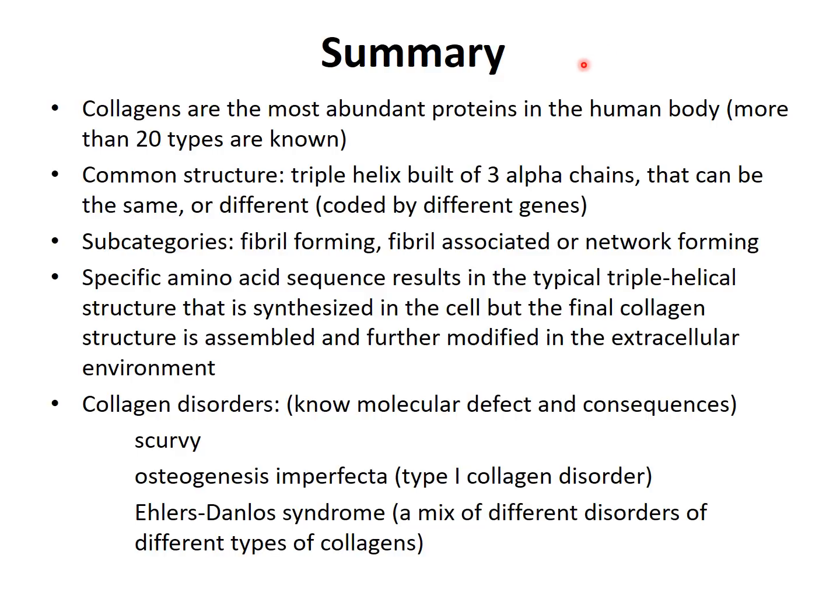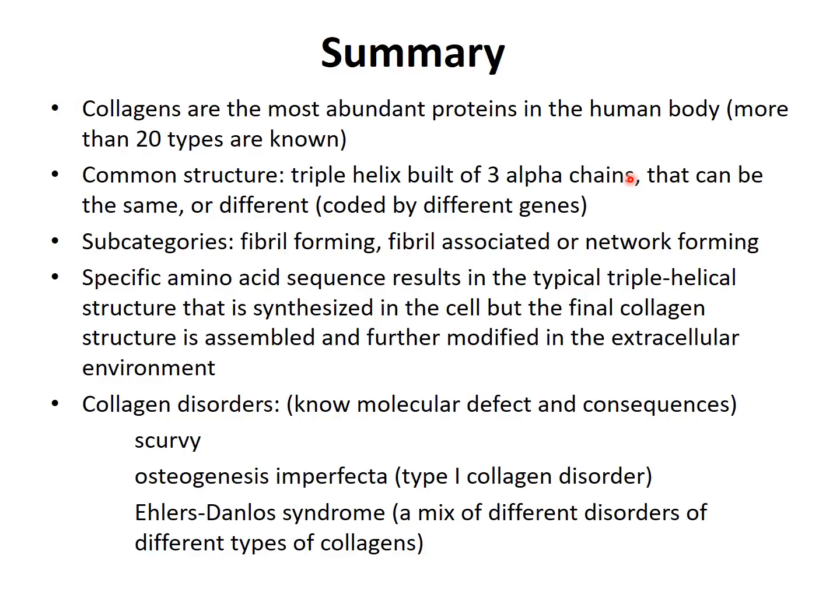All right, so we talked about a lot of things in this lecture. I hope you remember some. So the collagens are the most abundant proteins in the human body. Common structure is a triple helix, built of 3 alpha chains that can be the same, like in type 2 collagen, or can be different.